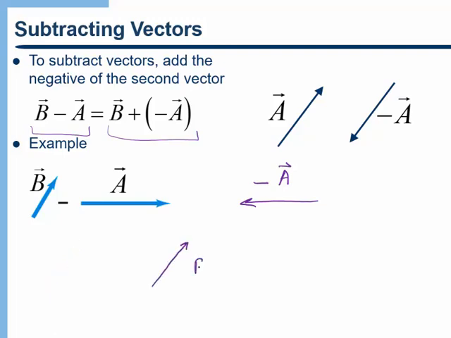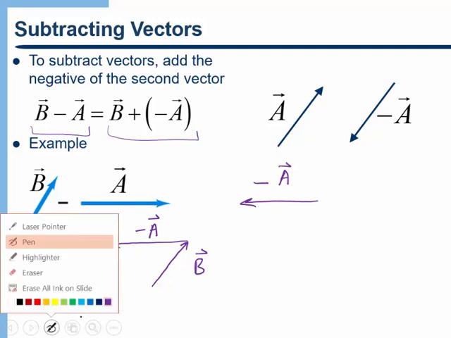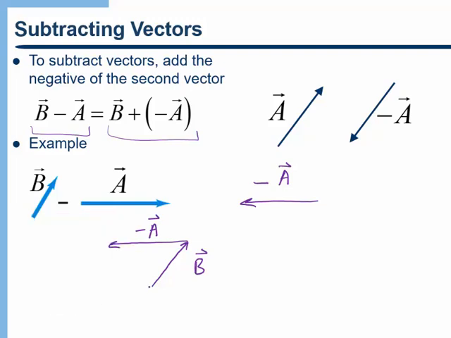So there's vector b. Now I'm going to add vector negative a. So I put the tail of vector negative a to the head of vector b. And then my resultant vector goes from the tail of b to the head of negative a. So that's vector c, where vector c is equal to vector b minus vector a.